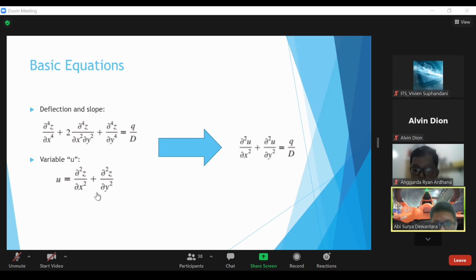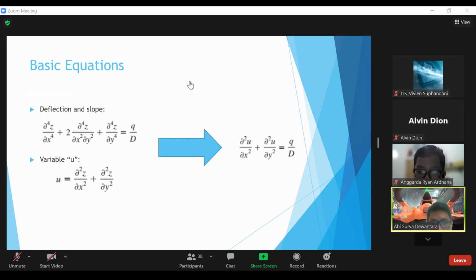And then we found the first second order PDE as d squared u per dx squared plus d squared u per dy squared is equal to q per D. Q here is the aerial load applied with the dimension of Newton per meter squared.